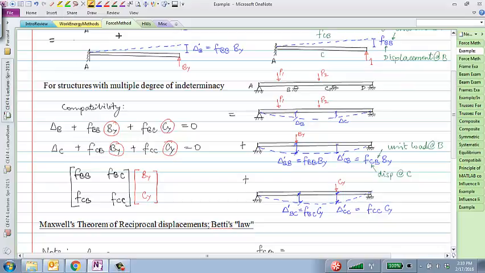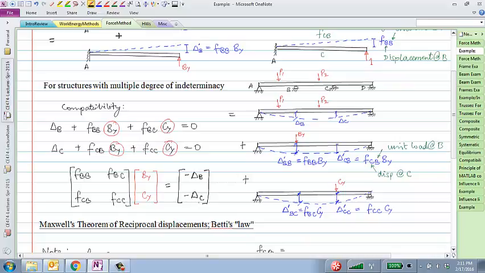So hopefully you can see that FBB times BY plus FBC times CY is those two terms, and it should equal minus delta B and minus delta C. So all I've done here is taken those two equations up there and converted them to a matrix equation. Once it's in the form of a matrix, then it's very easy to solve.